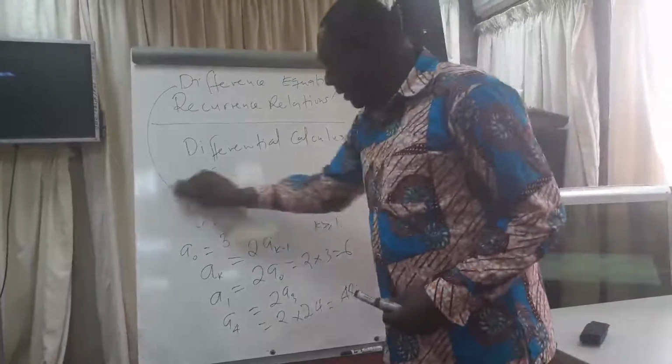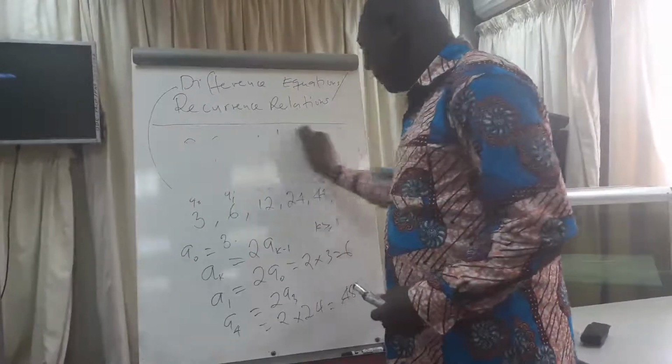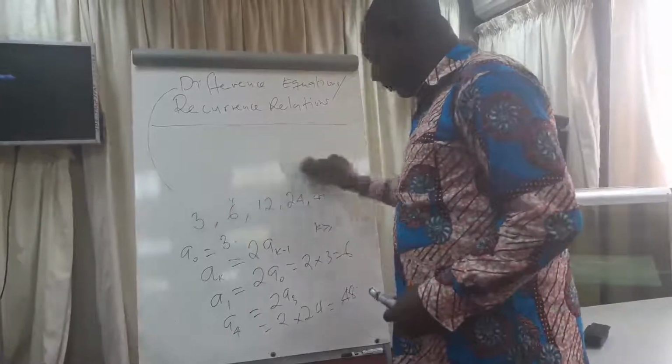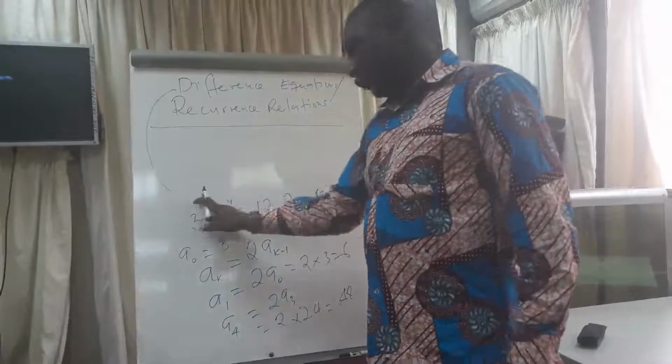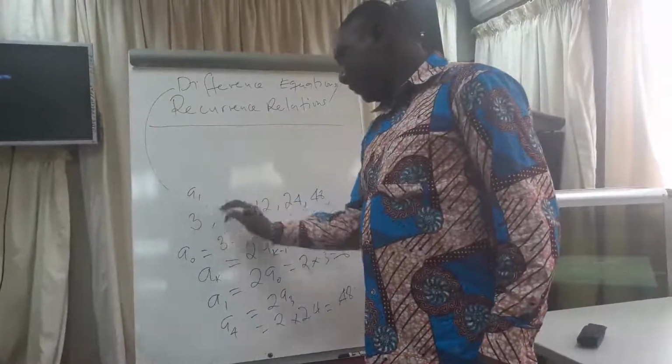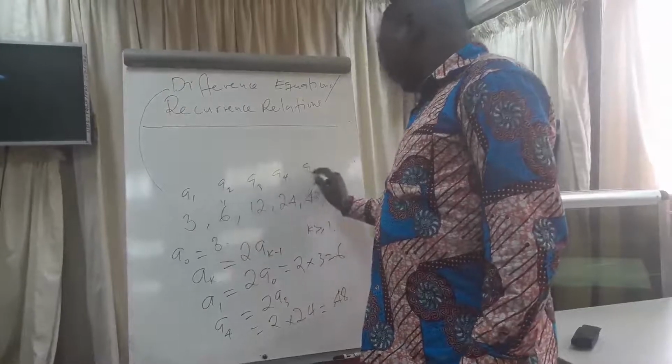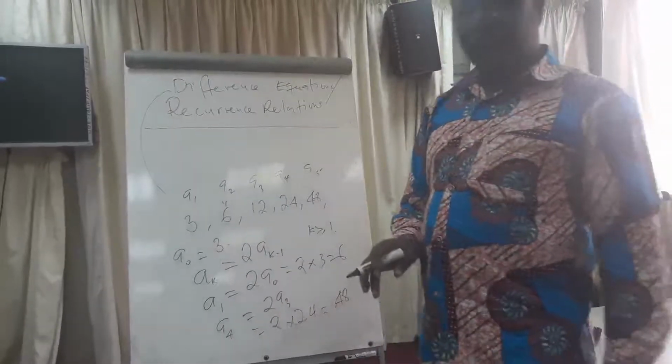If we don't want to start with A0, but we want to say A1, A2, A3, A4, A5.